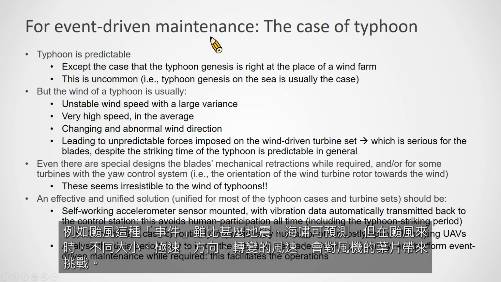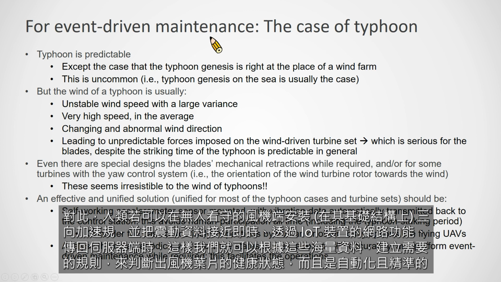Compared to these unpredictable disasters, typhoon is predictable, but the wind of a typhoon is usually unstable and very high speed on average, and the wind direction is very abnormal or changing. So these lead to unpredictable forces imposed on the wind-driven turbine set, which is serious for the blades.